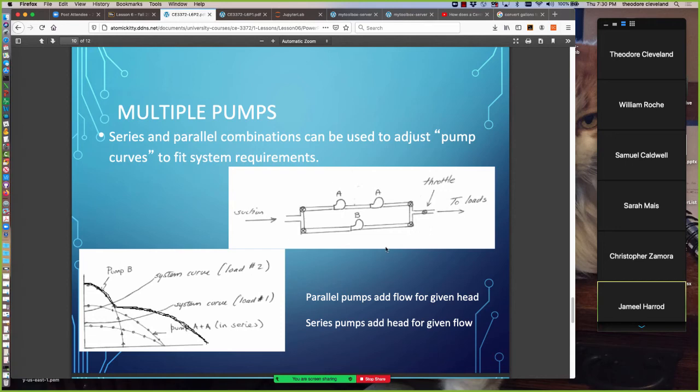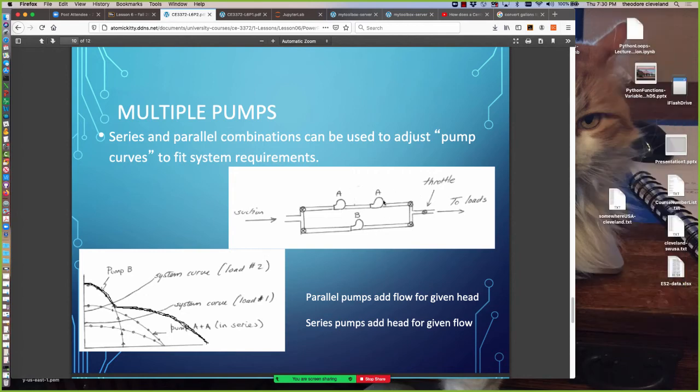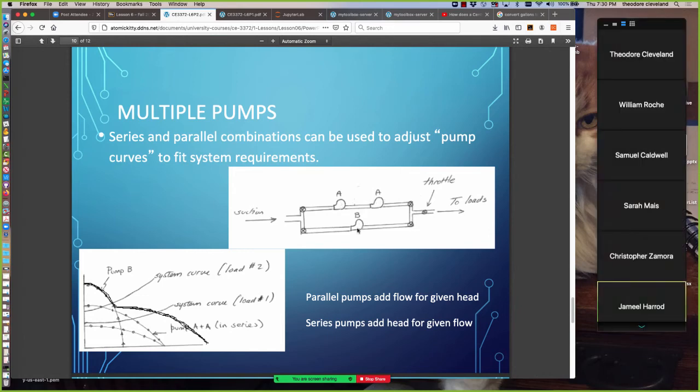So here's a schematic diagram. Now it's not quite as simple as just putting them in series and parallel. There's a bit of hydraulic art involved in matching all the pumps so that they don't fight one another. But for a design class, it's sufficient just to assume that they can be added either in parallel or series.